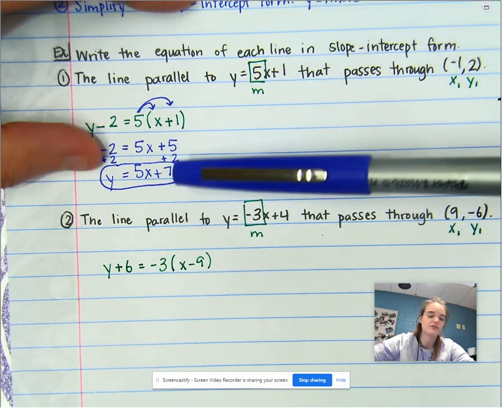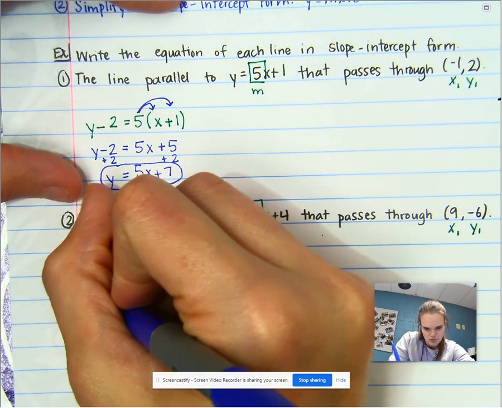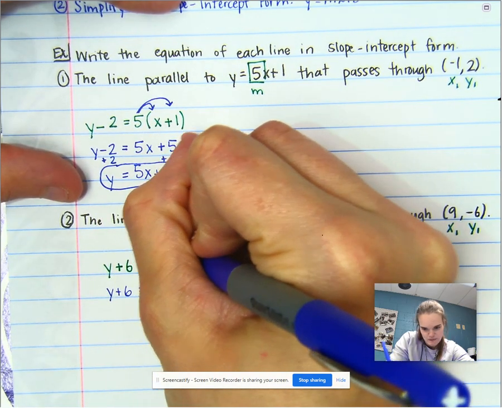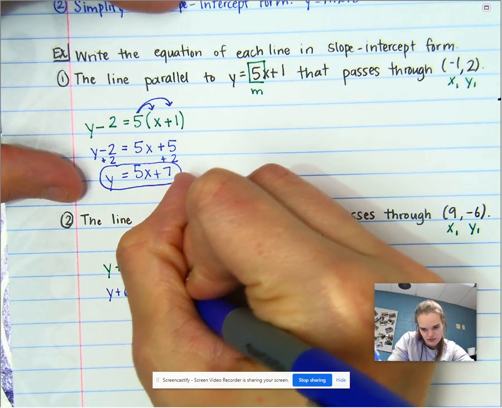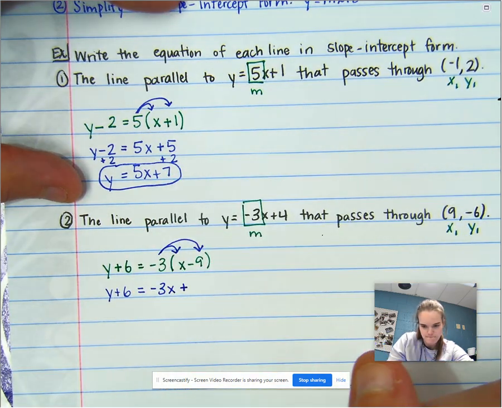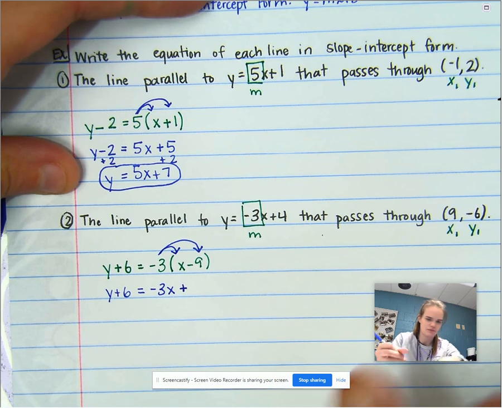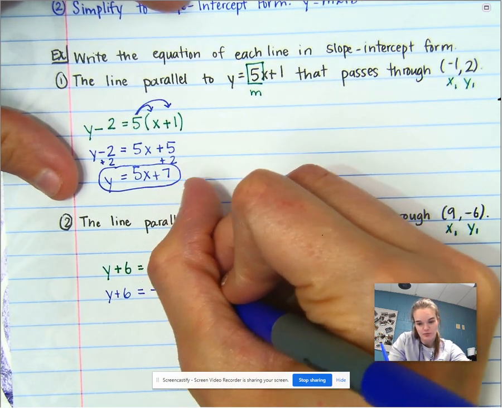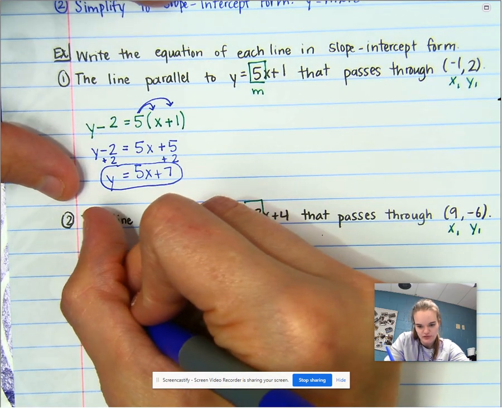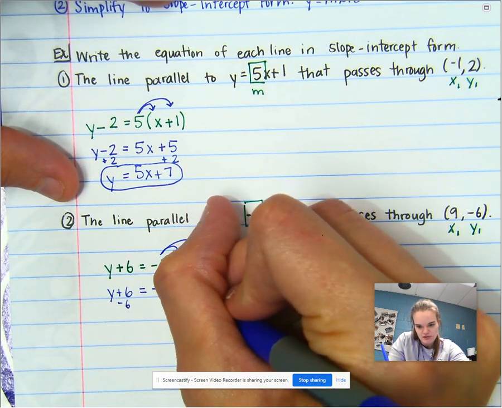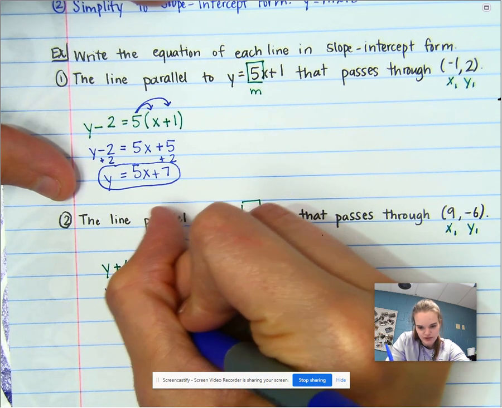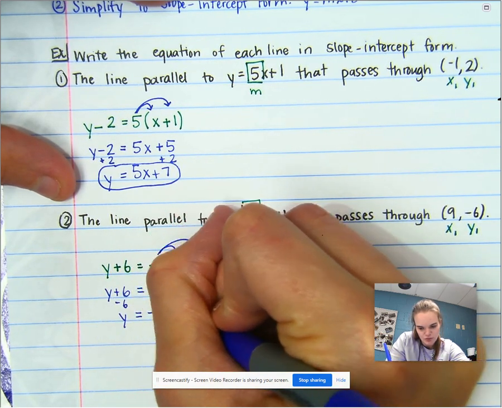Distribute to simplify it to look like this. Y plus 6 equals negative 3x plus 27. Yeah. Sometimes I make simple math mistakes. Subtract 6. Y equals negative 3x plus 21.